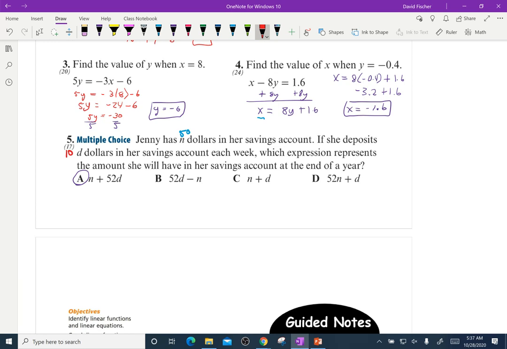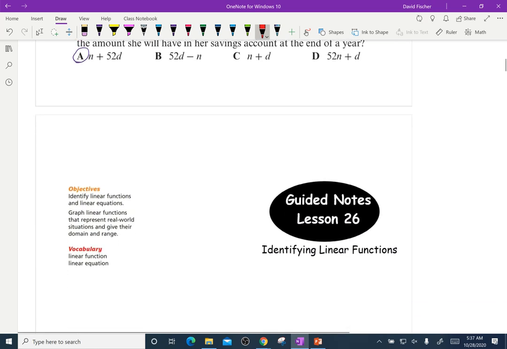Well, 52 weeks are in a year, so I'd take 52 times my D, which is $10, and then I would add to it the $50 that I already had in it. So I liked A right there. D over here would take her initial amount in her savings account times 52. That'd be really nice if that's how a bank worked, but unfortunately it's not.